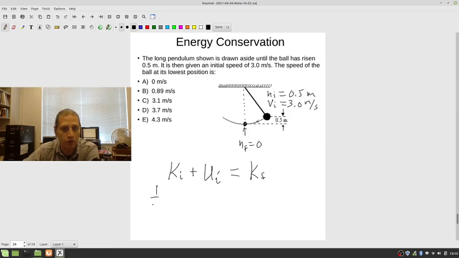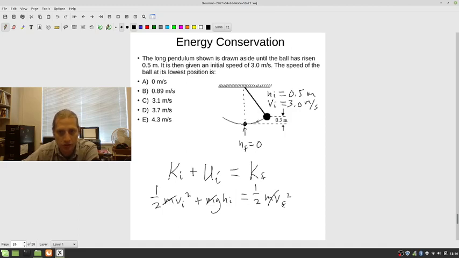So this would be 1/2 m v initial squared plus m g h initial equals 1/2 m v final squared. And notice I haven't given you the mass of the ball, which is important because you have a mass, mass, mass. The masses can be divided out on both sides.